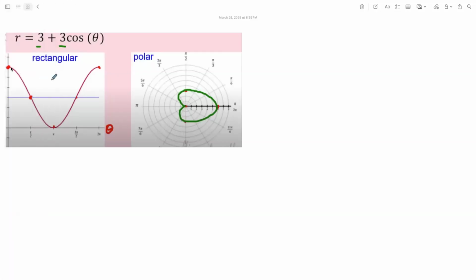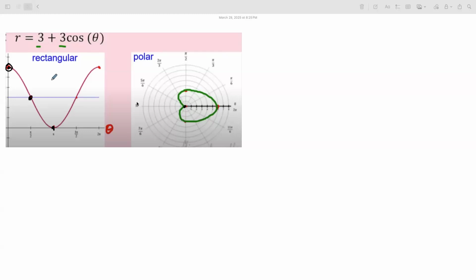See, the cos graph starts with the highest point in a rectangular graph, right? These are the points which can be compared: 1, 2, 3, 4 points. Theta equals pi, it becomes negative.